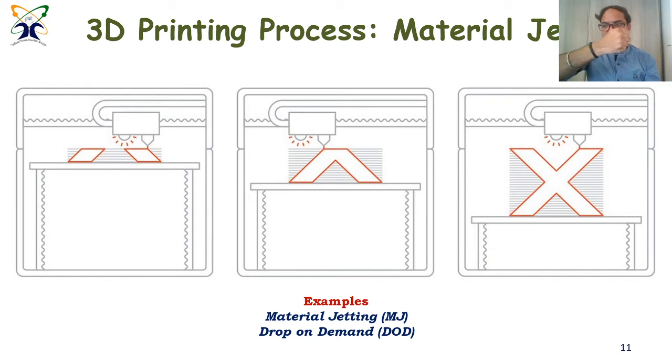Like the previous method, FDM, you pour it from the outside to get the object. The examples are material jetting and drop on demand. Drop on demand is basically if you have something and you want to create some gap as well, you can stop and start, something like this.